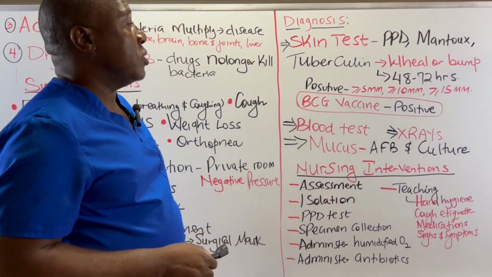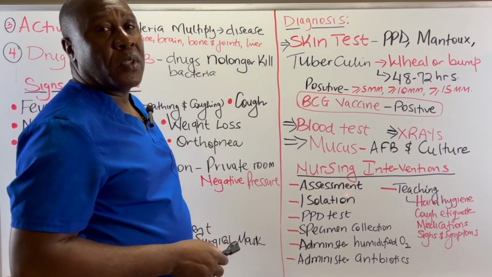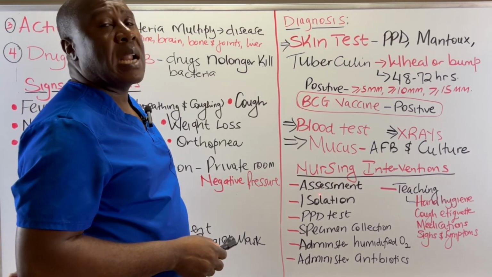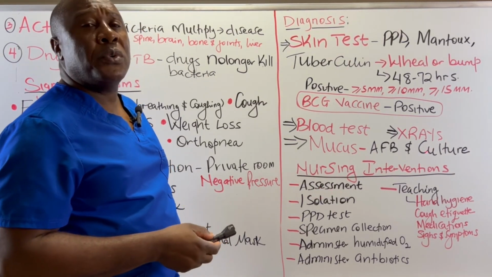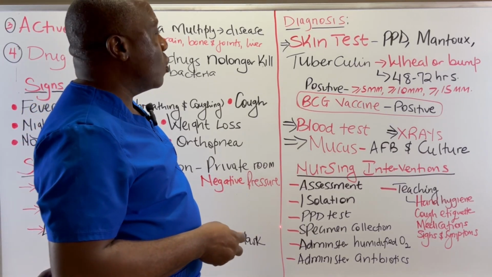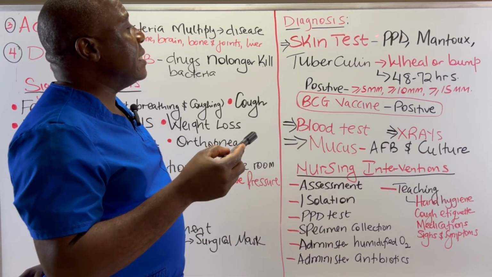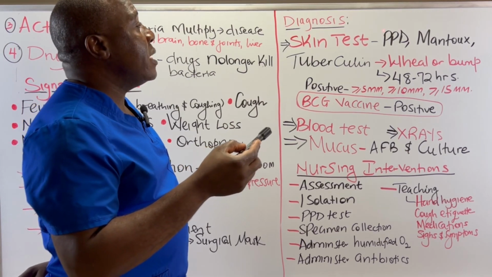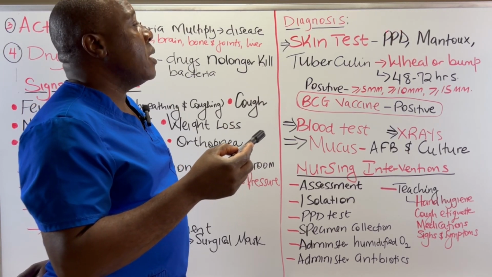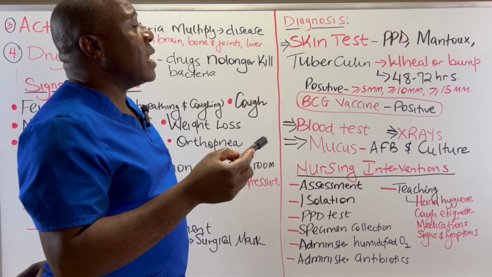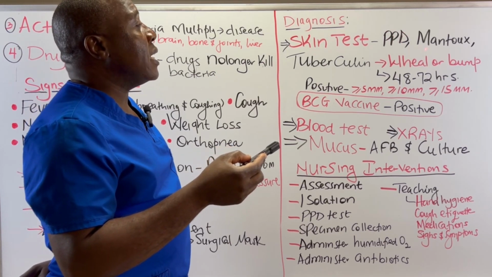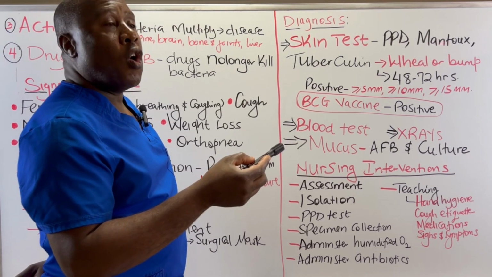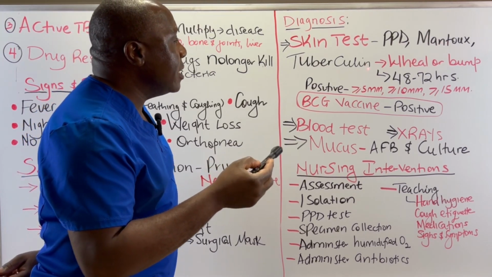How do we diagnose tuberculosis? We diagnose tuberculosis in a number of ways, or there are things that we do to help us diagnose tuberculosis. One, we have a skin test. A tuberculosis skin test is sometimes referred to as a PPD test. This is a purified protein derivative, or we refer to it as the Mantoux test, or a tuberculin test.